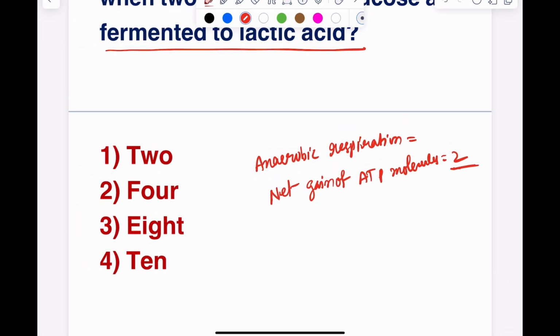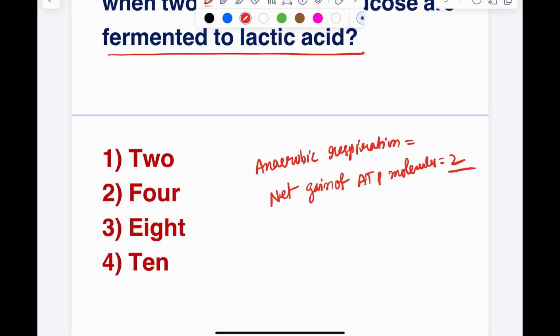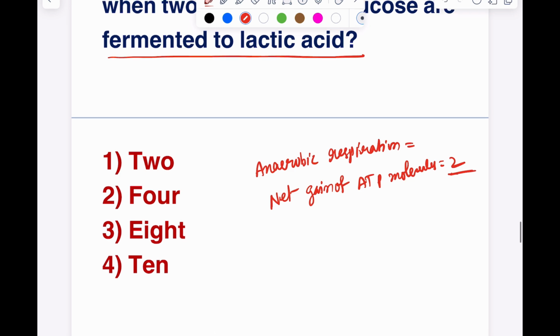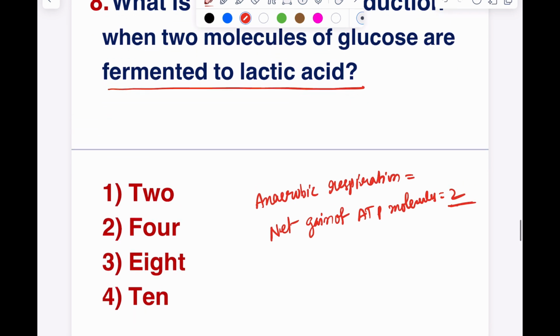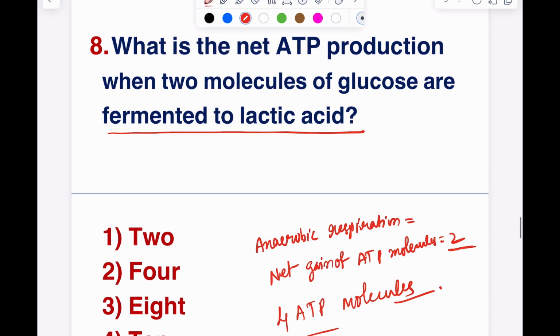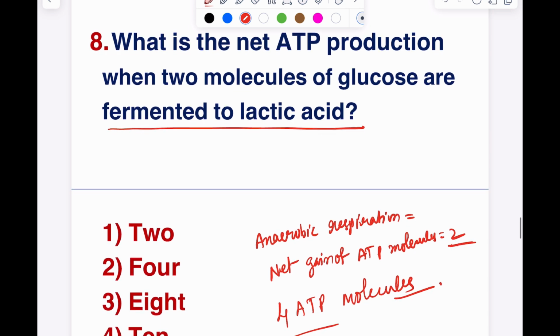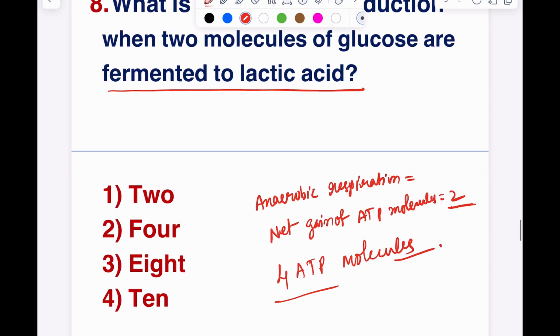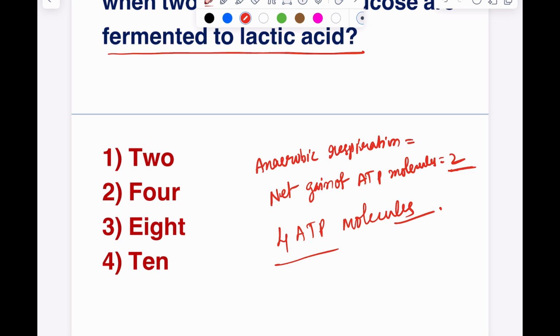Generally, one glucose molecule is converted into lactic acid. Two glucose molecules, 2 into 2, 4 ATP molecules. Total 4 ATP molecules is a net ATP production. That's why answer will be 4. Second one is correct.